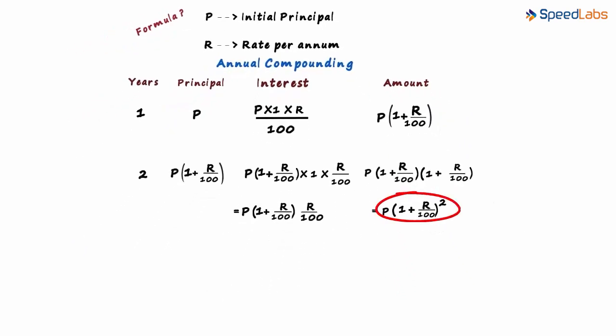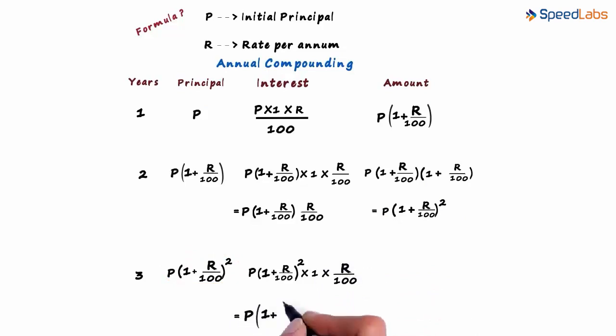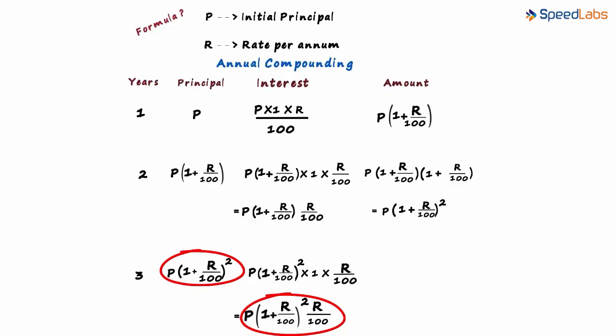Let us move on to the third year. This becomes the principal for the third year. We use the same formula for the interest. The interest will be this multiplied by 1 multiplied by R by 100. This can be simplified as P multiplied by 1 plus R by 100 the whole squared multiplied by R by 100. We add these two terms to get the amount.